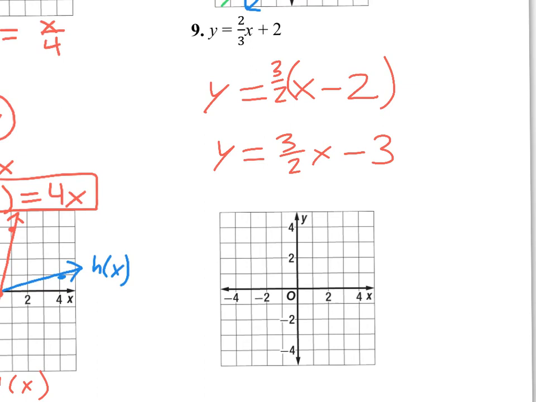Alright, so to graph those, we're going to graph the original first. It has a y-intercept of 2. And the slope is up 2, right 3. To go the other way, we go down 2, left 3, and we draw a straight line through those.